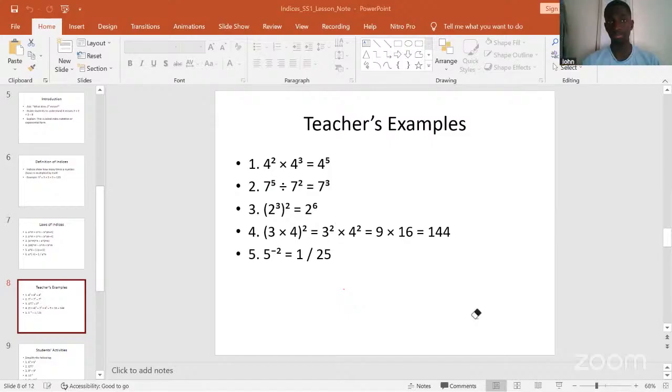Yes. Okay, beautiful. You're correct. So they have the same base and they're multiplying, you add the powers.